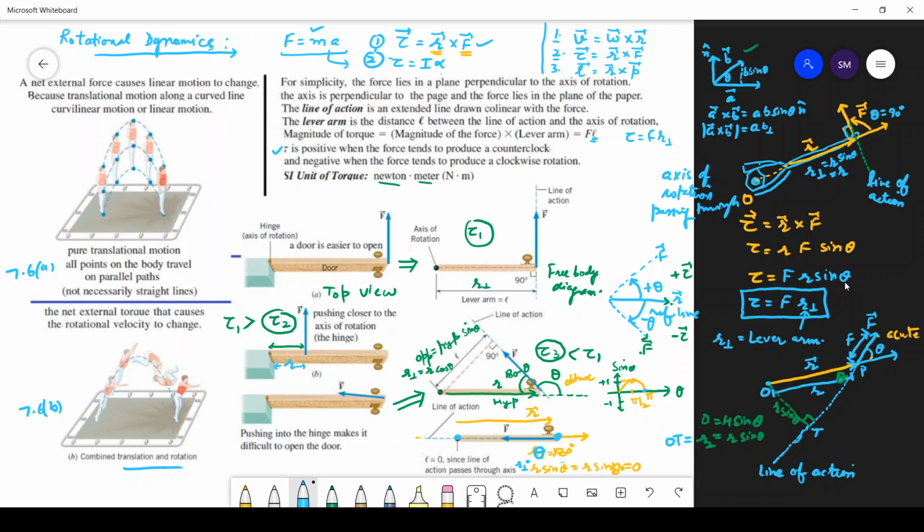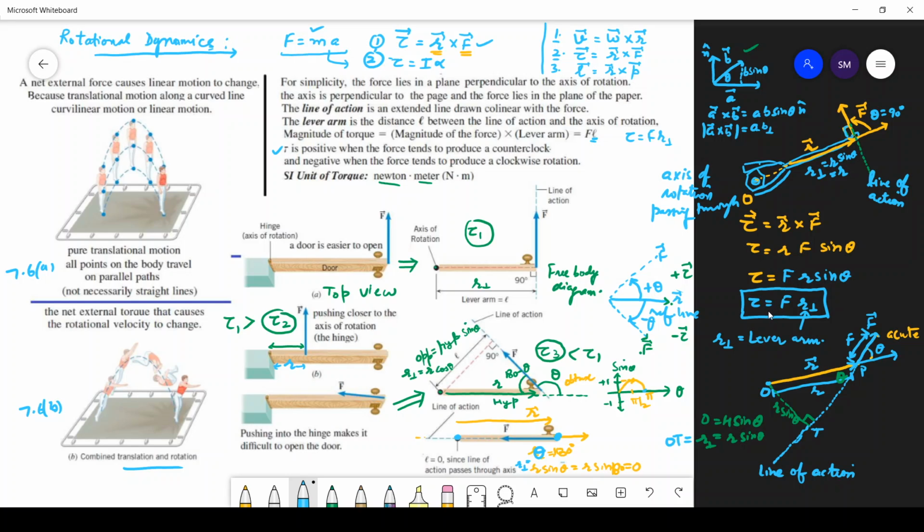The next case is increasing or decreasing the angle theta, becoming lesser than 90 or more than 90. In this case, theta was greater than 90 degree, so the torque will also reduce. When the angle between F and r is 0 or 180, then tau will be 0. This is a very, very important point, students.